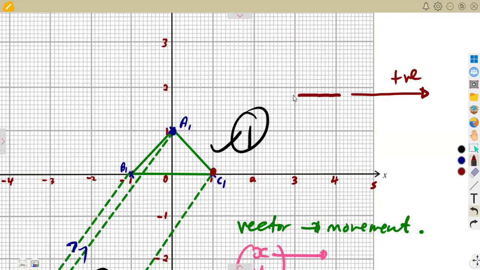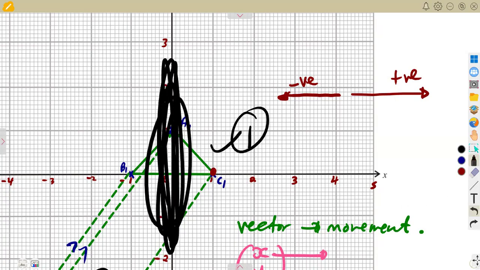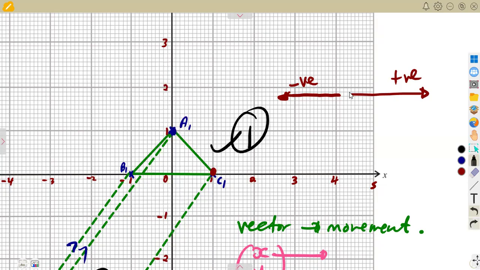Any movement to the left side of the x-axis is going to be taken as a negative, which is the same thing as the movement along the y-axis. Any movement vertically up along the y-axis is going to be taken as a positive. Any movement downwards is going to be taken as a negative.